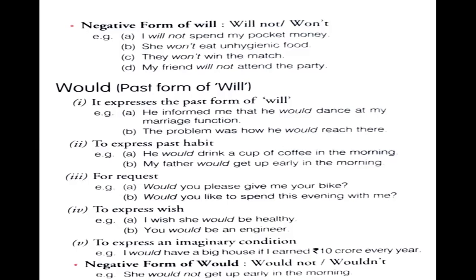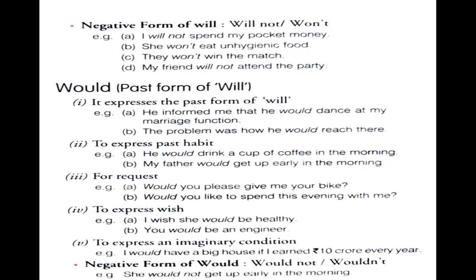He informed me that he would dance at my marriage function. Then would is used here as the past of will. The problem was how he would reach there. The sentence started in the past, and this would gives the complete sense of the sentence: how he would reach there.